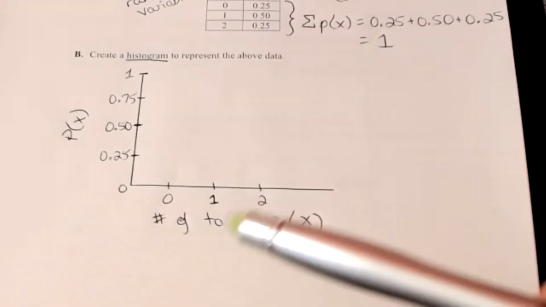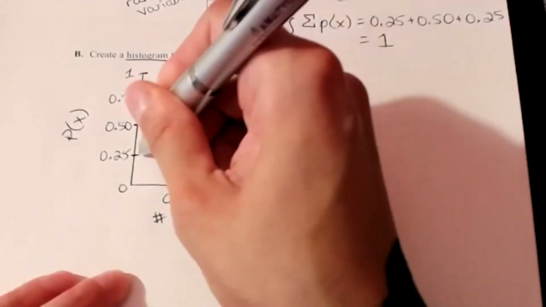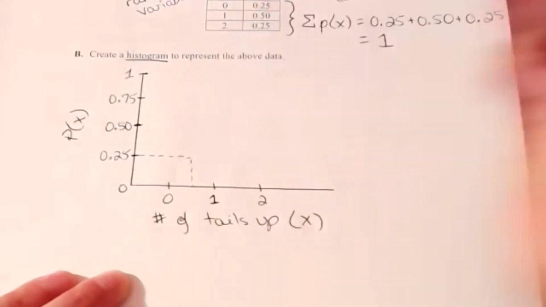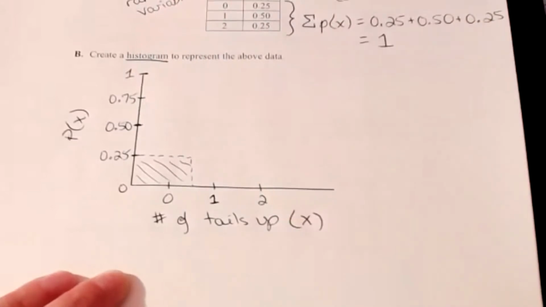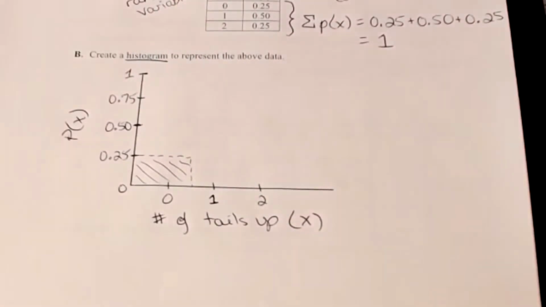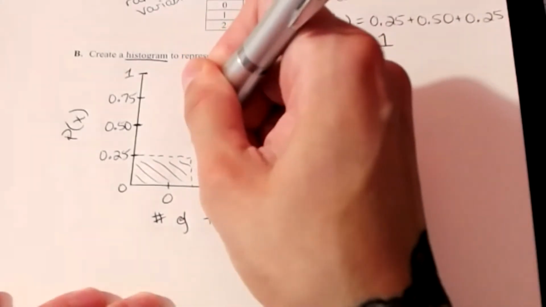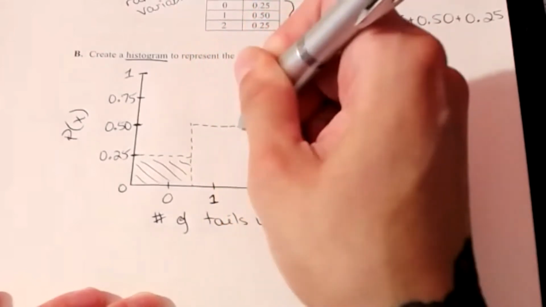So the likelihood that we have 0 tails up is 0.25. That's our probability. So I'm going to use just a dotted line to make my life a little bit easier. And then, of course, we'll shade this as our first bar. So the likelihood of 0 tails is 0.25. The likelihood of 1 tail is 0.5. So we're going to make sure that our second bar hits that probability of 0.5 as best we can.